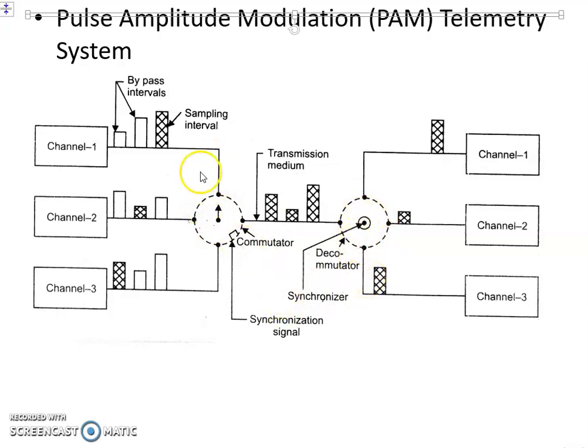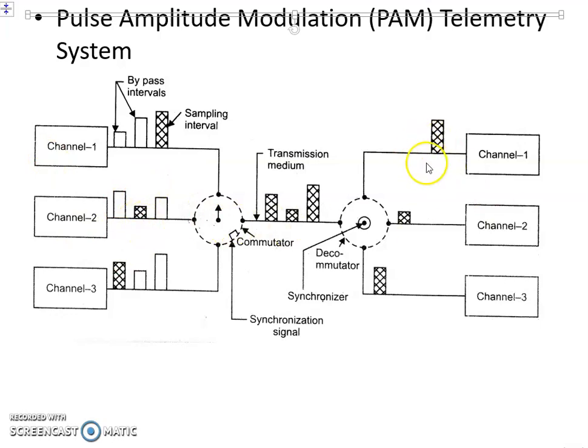The commutator samples the signal in each channel in sequence, and the amplitude of each sample is an indication of the instantaneous data value at that particular point. After sampling all the channels, the sequence starts over at the first channel. Thus, samples from a particular channel are interleaved in time with samples from all other channels, and the amplitude of each is modulated by the input data.